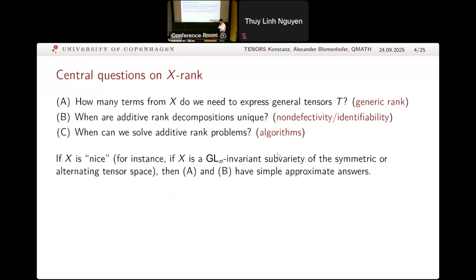And then you can ask a second question. If your rank is sufficiently low, this means basically that the system where you express your tensor as a sum of R elements from X is overdetermined, then you can ask if you have a unique solution. You can ask if you have a unique minimum rank decomposition, up to, of course, permuting the summands.